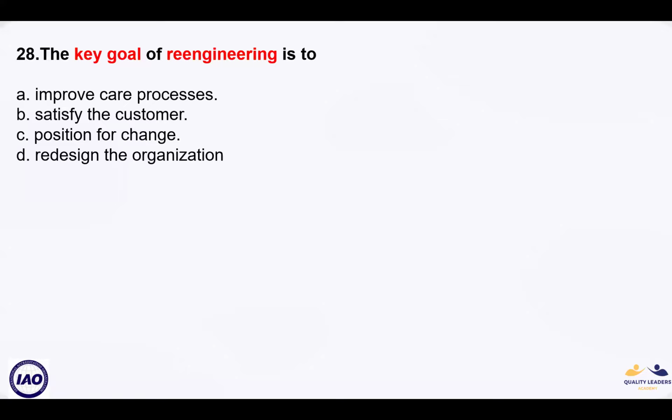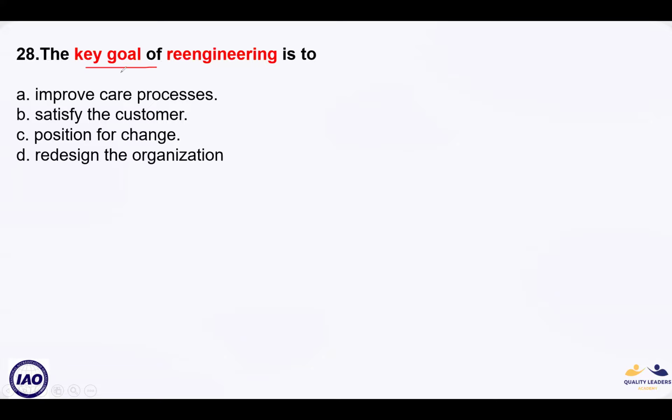It's a sort of radical redesign of any business process to deliver more value to the customer. It's more about improving the process radically. All right. So that's what you'll have to see here. The question is asking about the goal of reengineering.